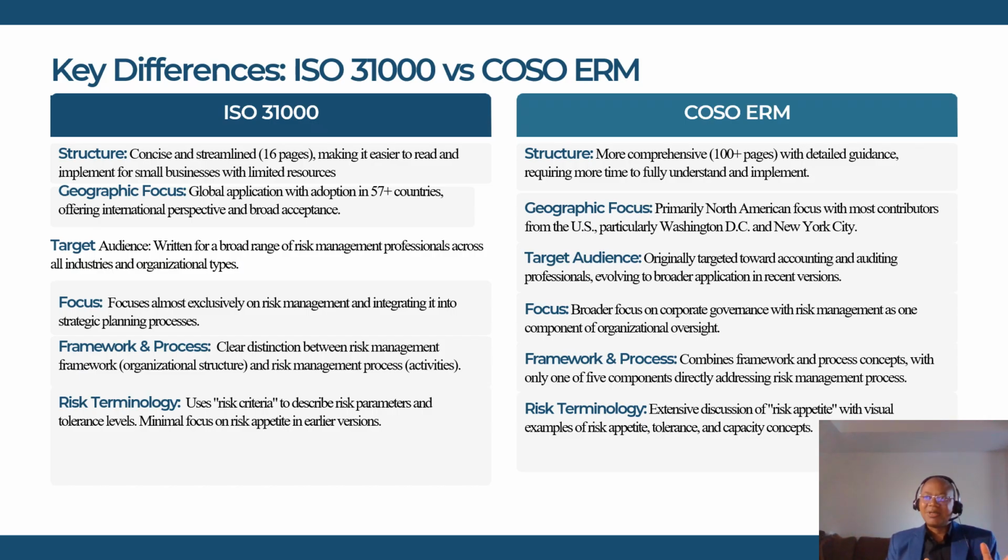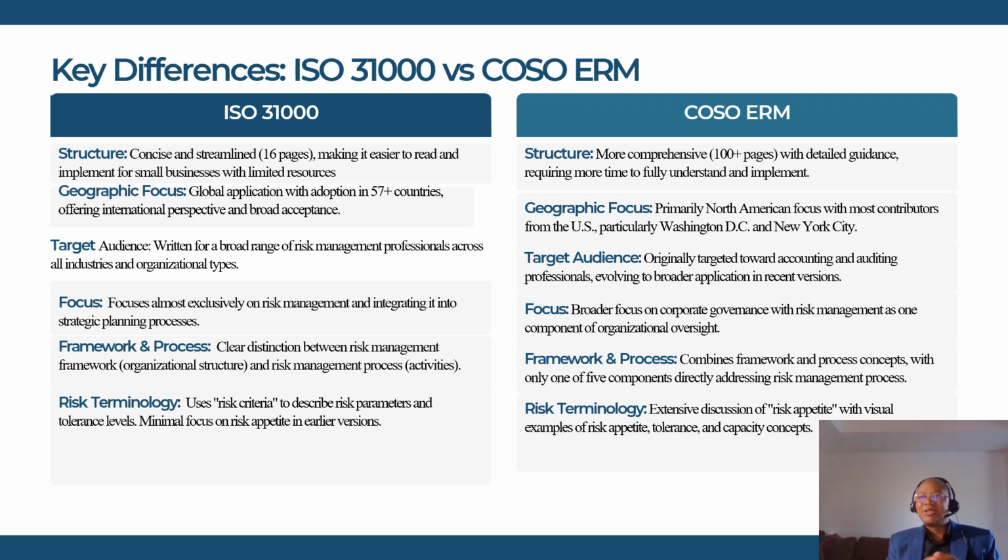For the ISO 31000, the structure is concise and streamlined, just 16 pages, making it very flexible and easy to be comprehended and utilized for any business of any size, whether small business or big business.